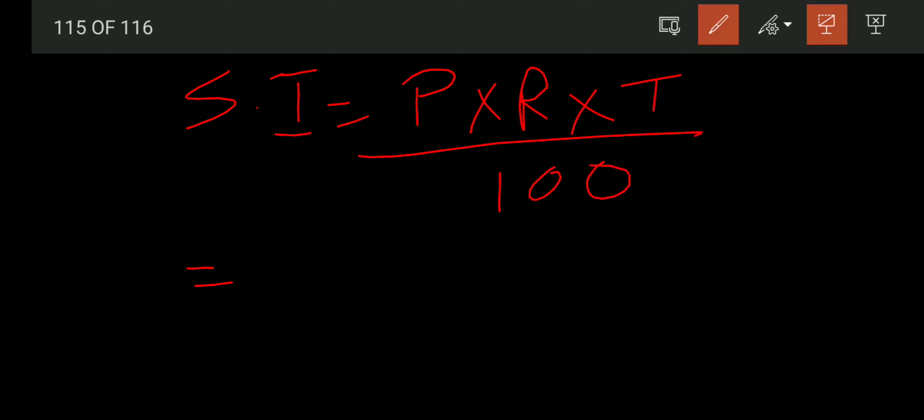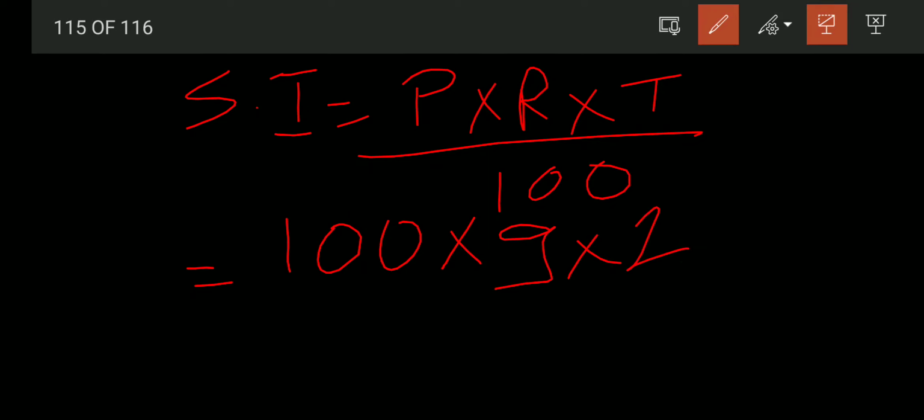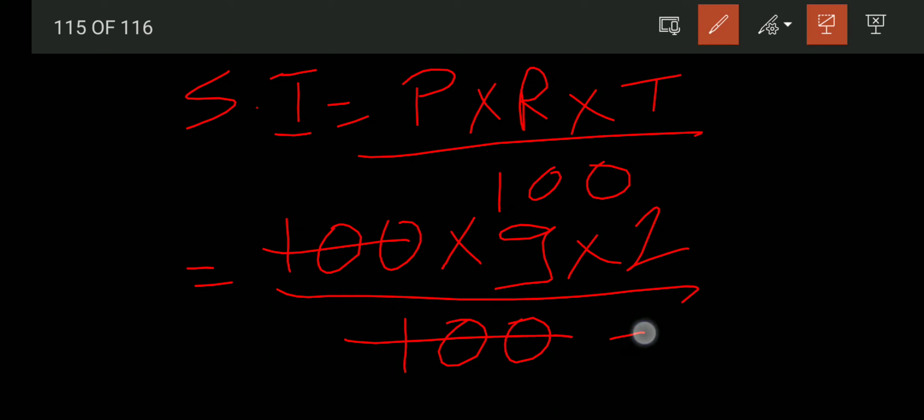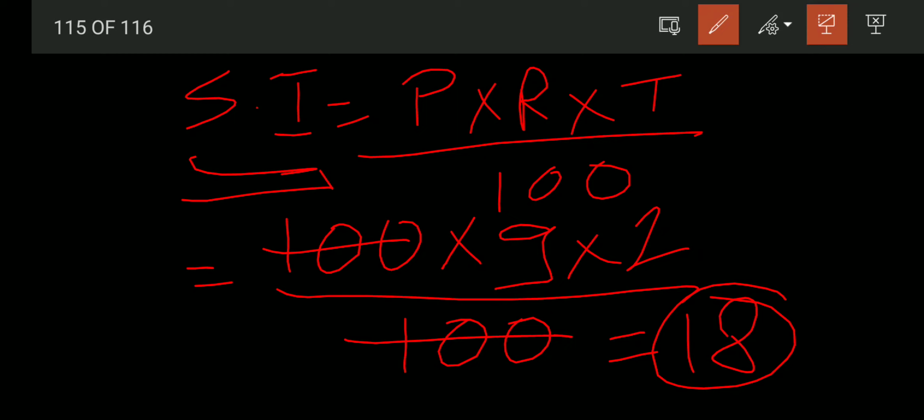So now we'll put the values. P we have taken 100, R is 9% and T is 2, divided by 100. So this 100 gets cancelled. 9 into 2 is 18. So what is 18? SI.